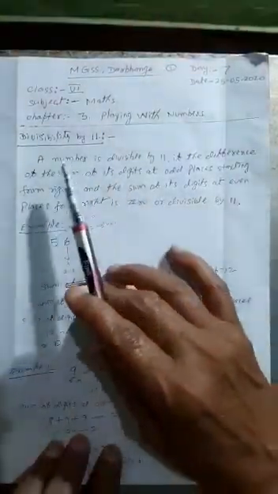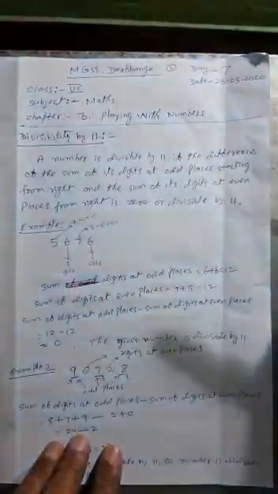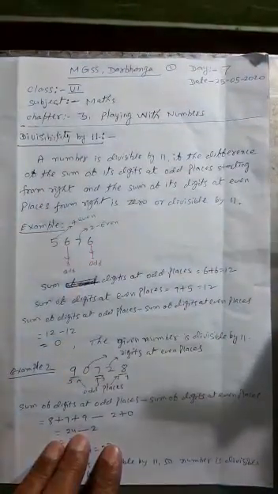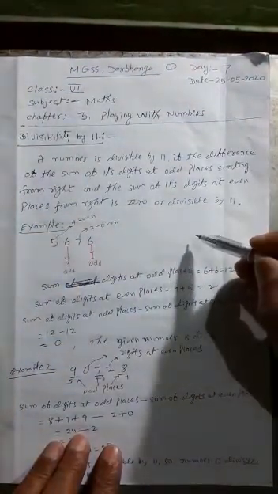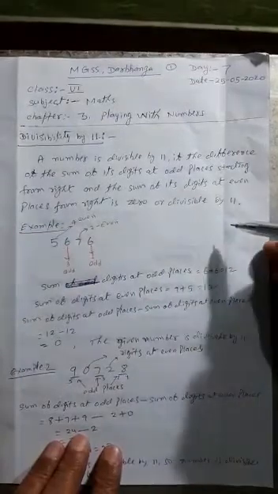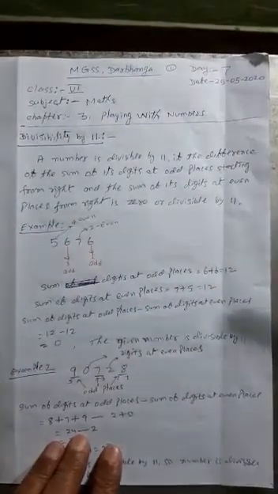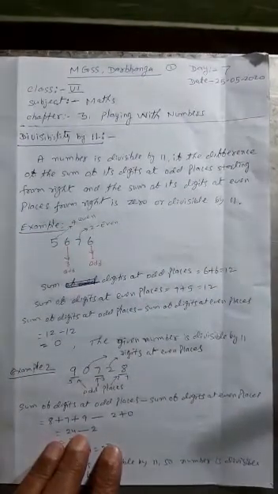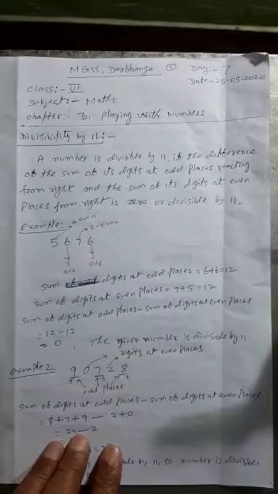For example, if the unit place digit is 0, 2, 4, 6 or 8, that number can be divided by 2. If the sum of digits of any number is divisible by 3, then that number is divisible by 3, and so on. Here we have to read divisibility by 11.